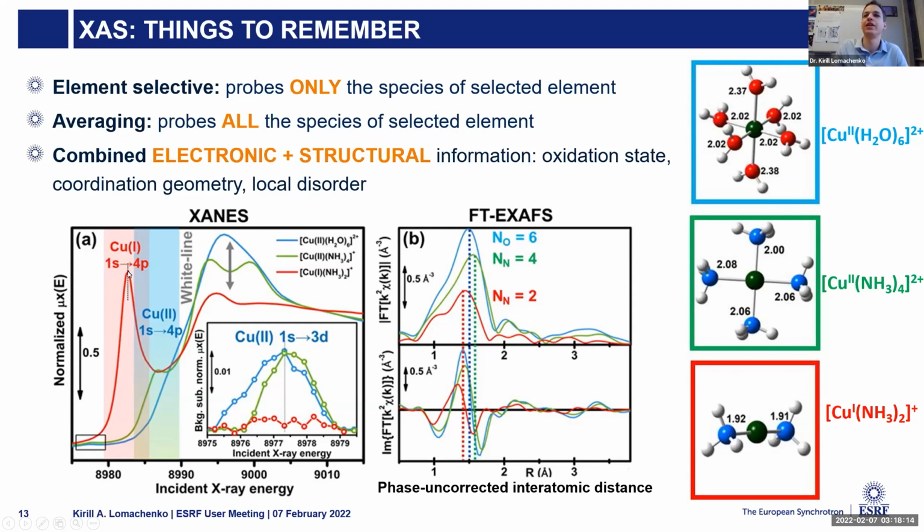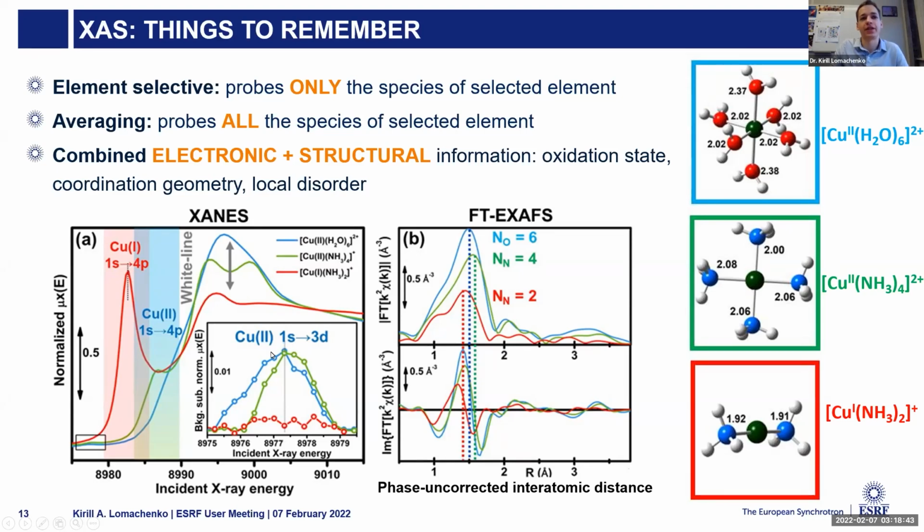For copper 1 in linear geometry, so looking at this spectrum, we can already say that we have something like this linear diammine complex in our sample.